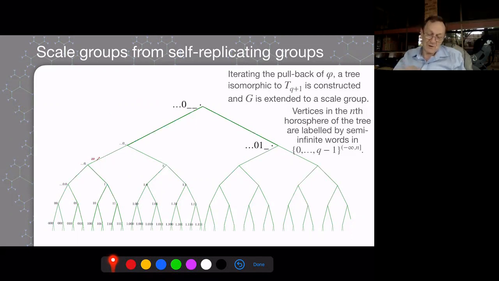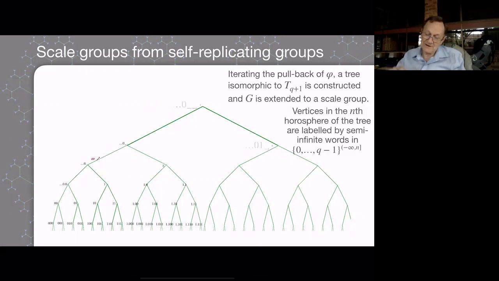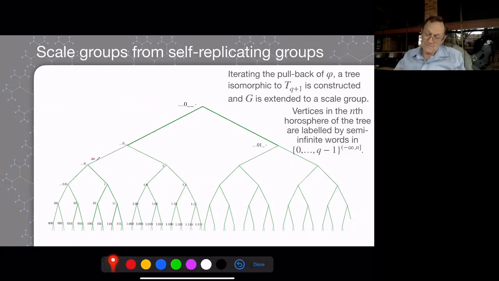Then on level 1 here, we'll have a string of zeros, 1, and then space and our dot. And then we're going to label the other vertices by strings. So our vertices, as we iterate this, will now be labeled by semi-infinite words in all strings in these symbols, where all but finitely many are 0.